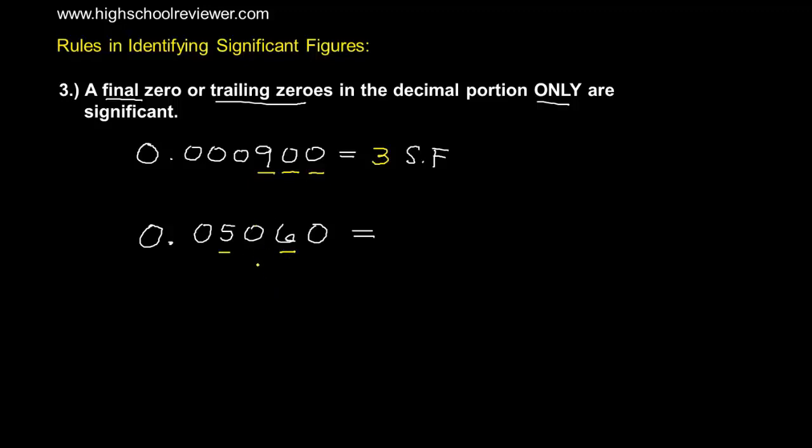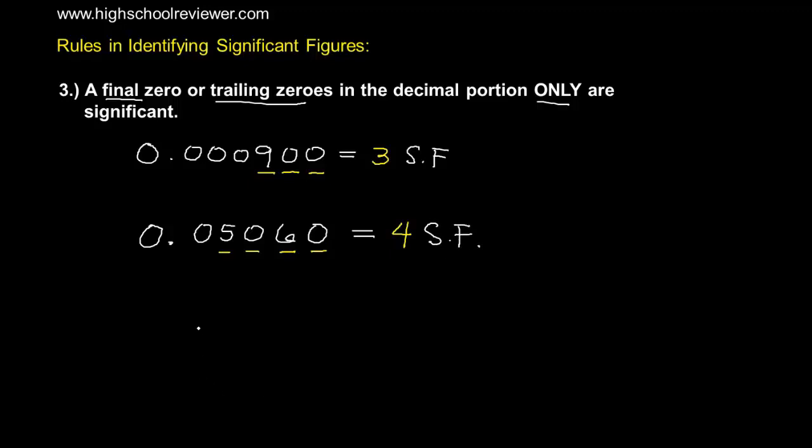And the 0 here is in between 5 and 6, so this is significant. The last 0 is a trailing 0. Therefore, it is also significant. But this is not significant, and this is also not significant. So therefore, we only have 4 significant figures.